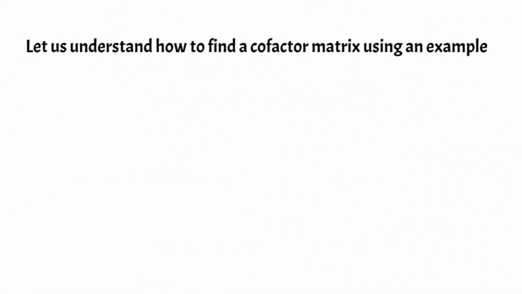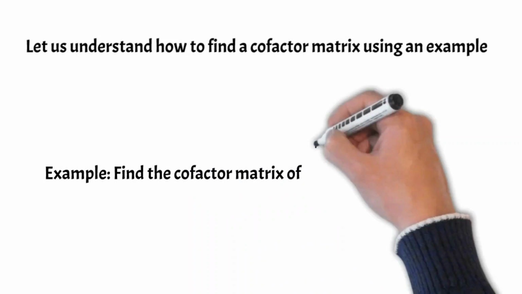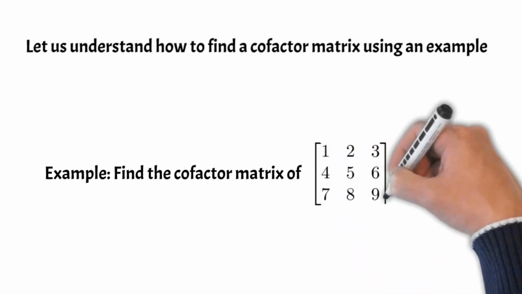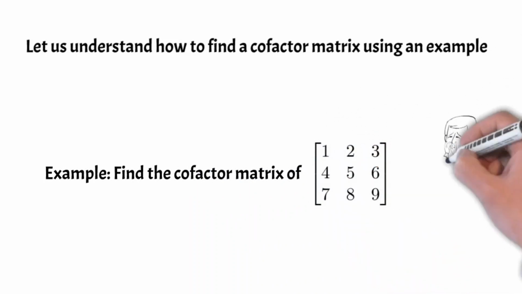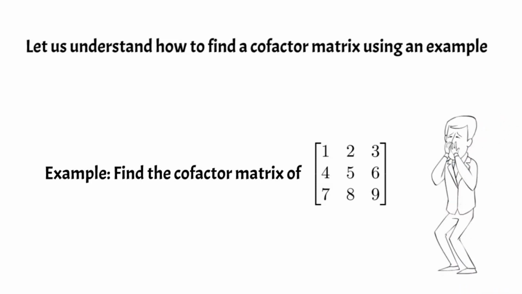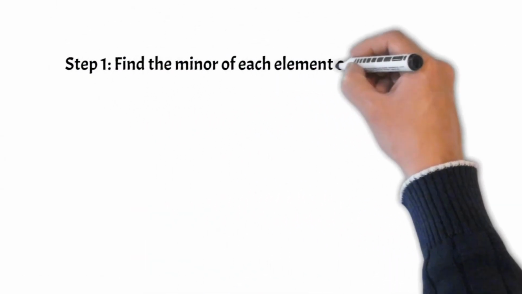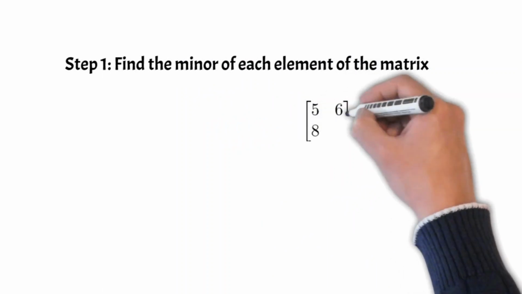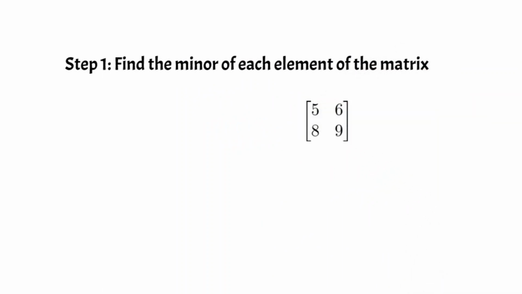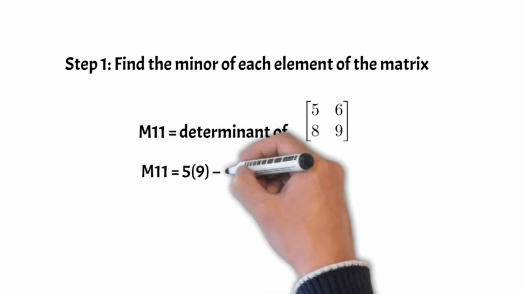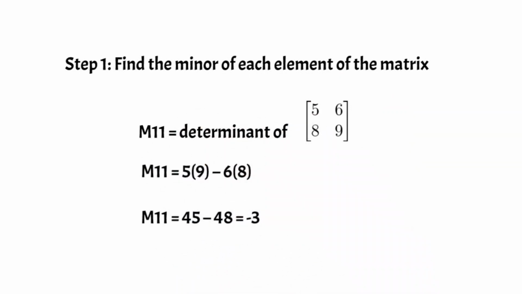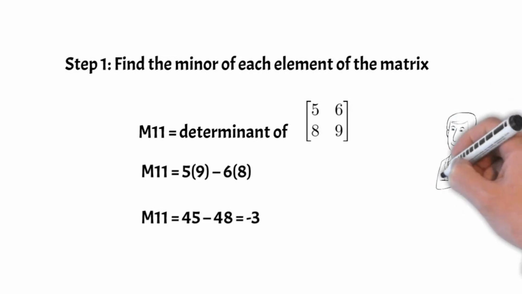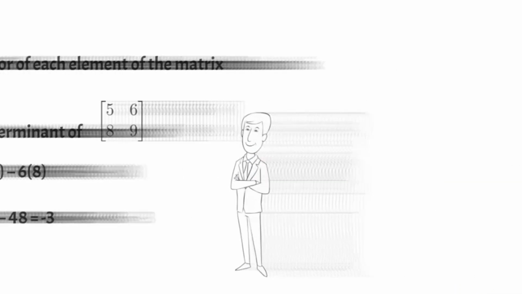How to find the cofactor matrix? Let us understand how to find a cofactor matrix using an example. Here is the example, as you can see. Step 1. We need to find the minor of each element of the matrix. M11 equals the determinant of 5, 6, 8, 9. M11 equals 5 times 9 minus 6 times 8. And then we get the answer M11, which is negative 3.